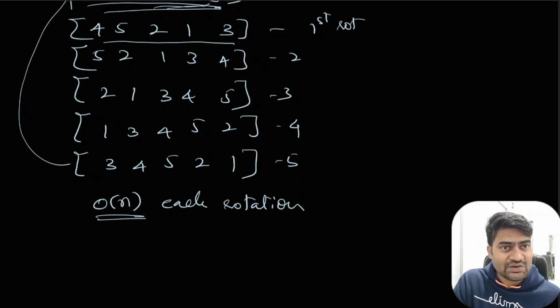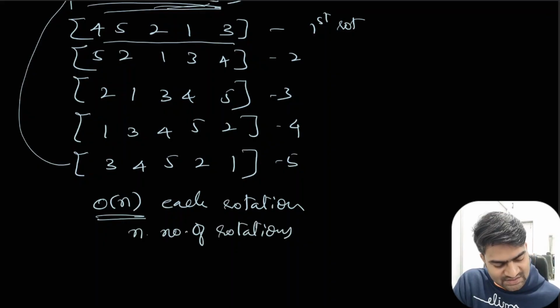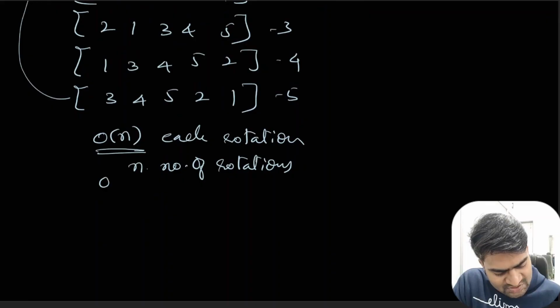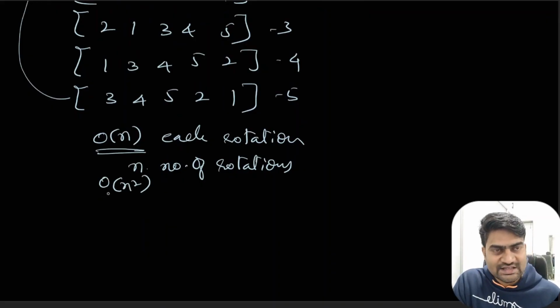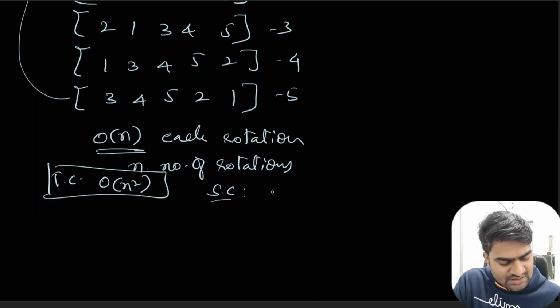But how many rotations are we doing? We are doing n number of rotations. That's where it becomes of order n square time complexity. What is the space complexity? We are doing it in the same array, so it is of order 1.